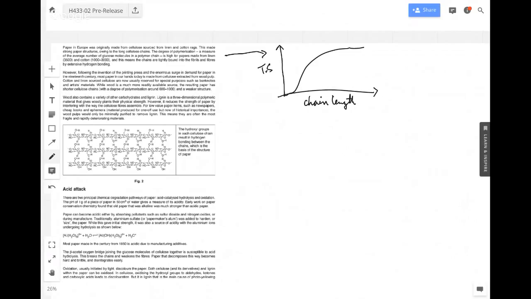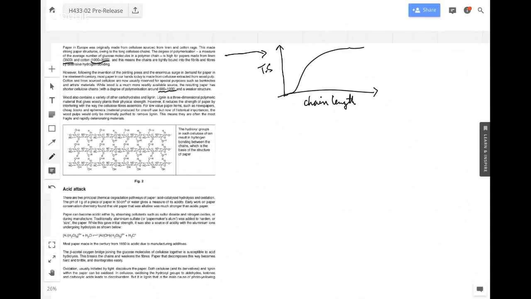And what that's saying is that paper made from linen and cotton gives you longer polymer chains than the ones made from wood. So here we've got the ones made from wood pulp having 600 to 1,000 repeat units, whereas the ones made from linen and cotton have up to 3,500 repeat units.